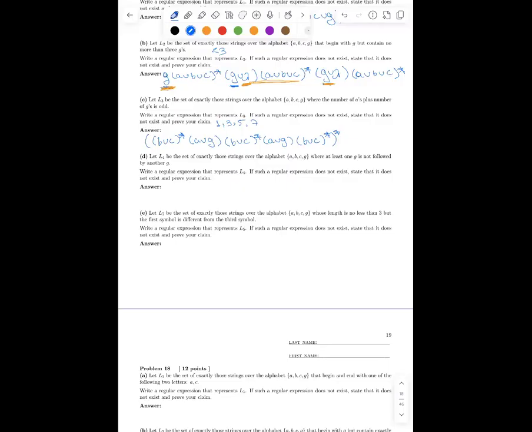So to make it an odd number, I still need to use another 1 A or G, which takes care of the scenario that it's only 1 A or 1 G. So A or G, and then B or C. So if it's an odd number, wait, this is my 2 part.